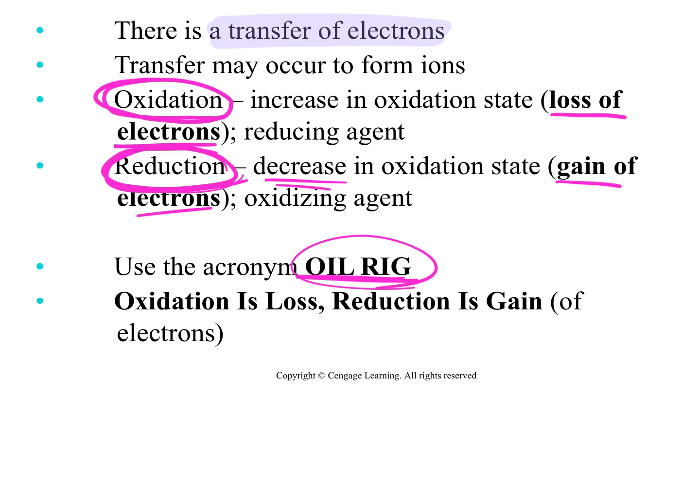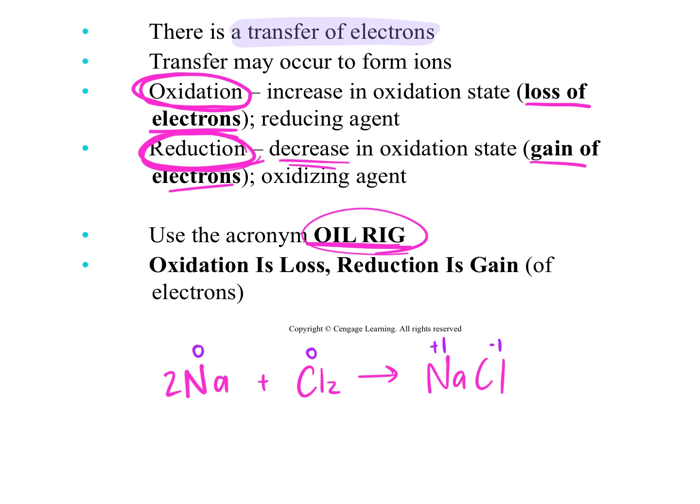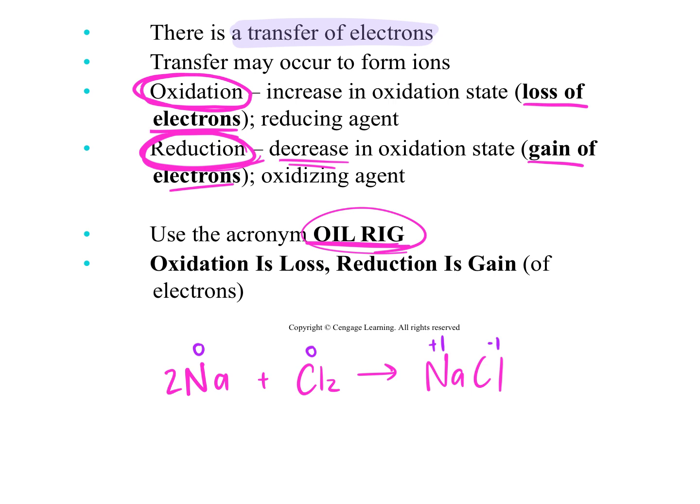So in our previous example, let's go back to here. We had 2Na plus Cl2 yields NaCl, and we said this was 0, 0, +1, -1. So we agree that it's redox because there's been an electron transfer, but which one is reduced and which one is oxidized? Oxidation is loss of electrons.